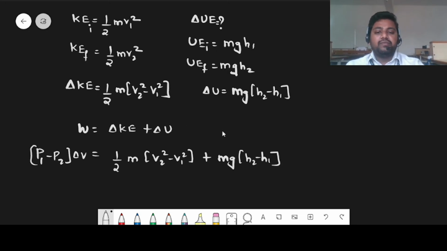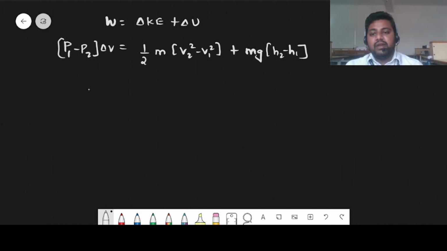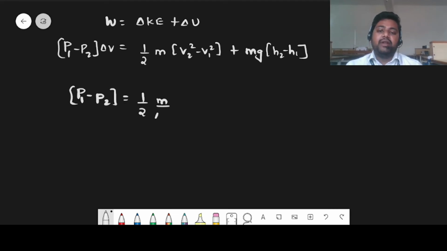Now, cross multiplying the delta V downwards: P1 minus P2 equals half m by delta V, the change in volume, into (V2 square minus V1 square) plus m by delta V into g into (H2 minus H1).